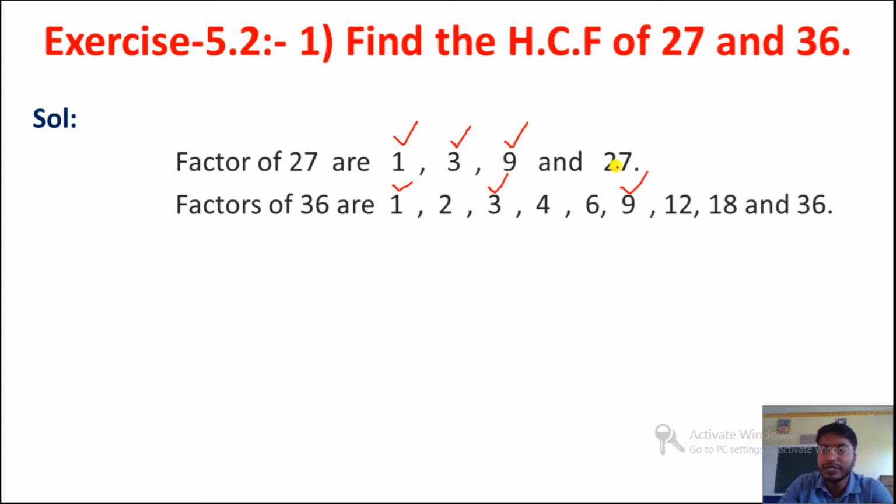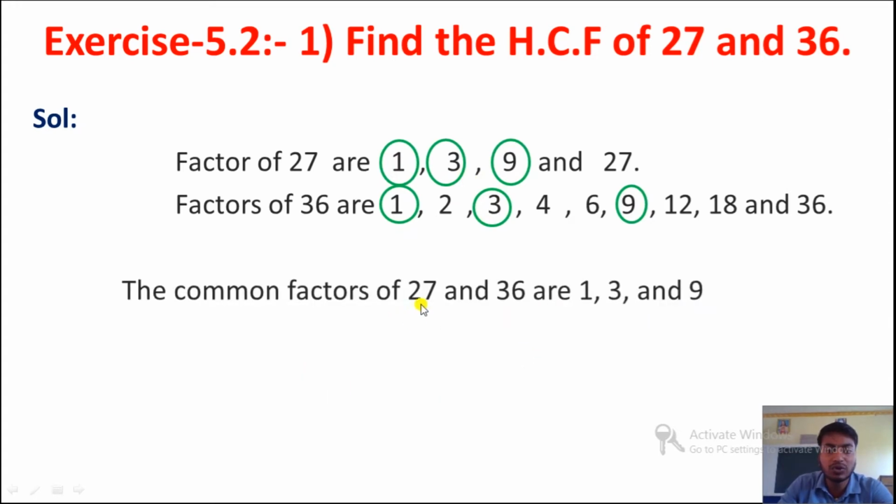Then we have 27, but 27 is not here. So what we got as the common factors? 1, 3 and 9. The common factors of 27 and 36 are 1, 3 and 9.